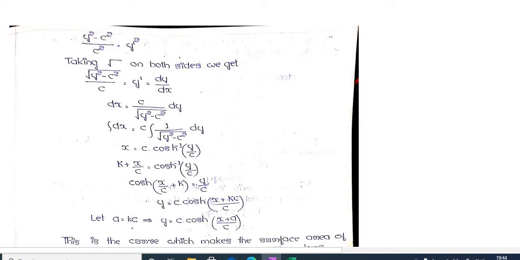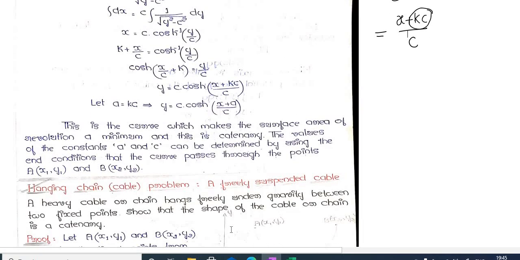So let a equal to kc, which implies y equal to, so here you take LCM. Then you are going to get x plus kc. The simplification of x by c plus k is to take LCM, x plus kc. If you take kc as a, then you are going to get here y equal to c cos h of x plus a by c, which is the curve.